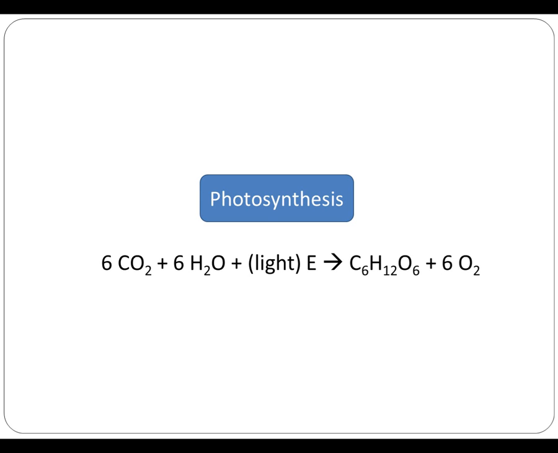Just to keep you informed, in chapter 5 we're going to see photosynthesis take water and carbon dioxide plus an input of energy to make sugar and oxygen. In chapter 6, we're going to reverse that arrow so that we take oxygen and sugar, release energy and carbon dioxide and water.